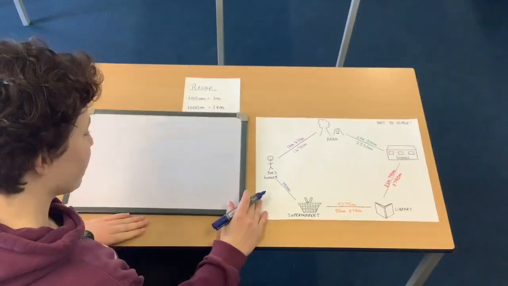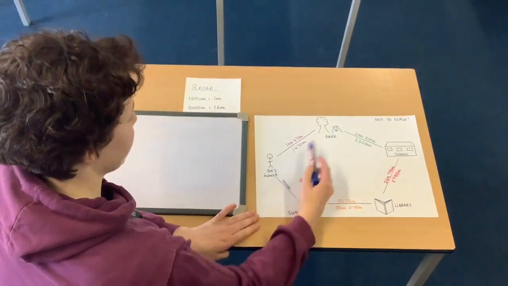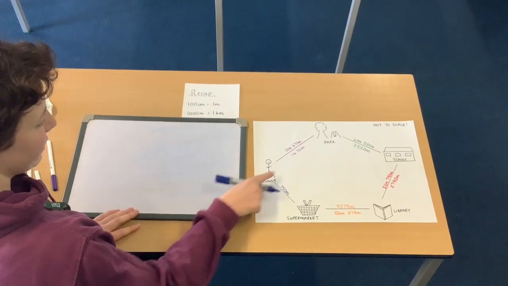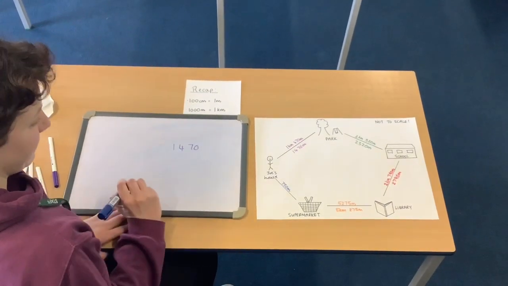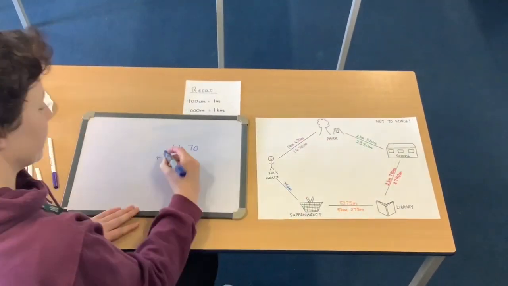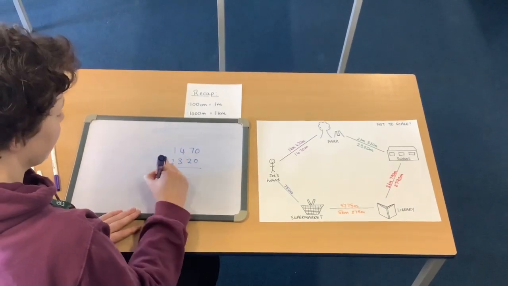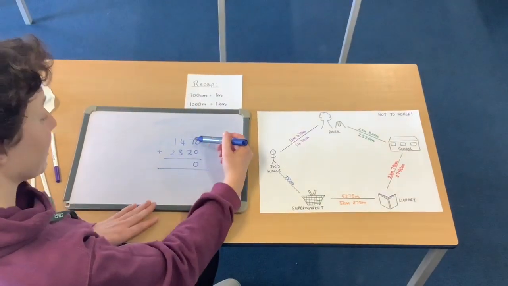So we are now going to find the distance from Joe's house to school, and we are going to go via the park. So we know the distance from Joe's house to the park is 1,470 metres, and we are going to have to add that to the distance from the park to school, which we know is 2,320 metres. So I've got 0 ones, add 0 ones, which still gives me 0 ones.